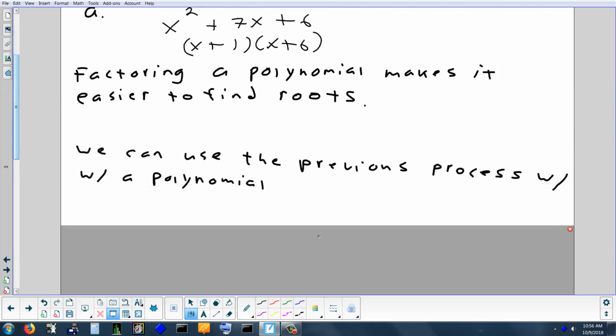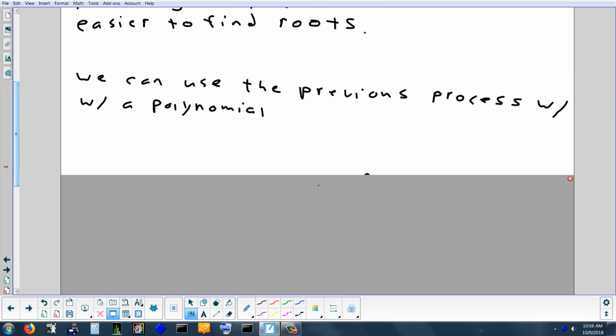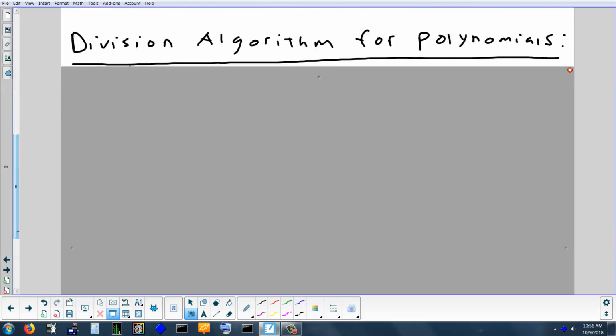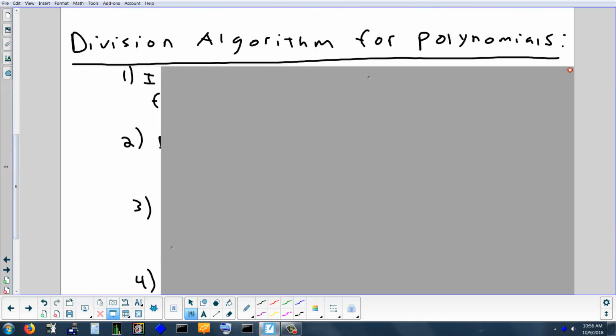So we're going to use the same process I just showed you with the 12 divided by 3, but now we're going to do it with polynomials. So what I'll do is I'll do a problem at the same time we're writing the steps out. There's 4 steps, so I would leave yourself enough room to write down 4 steps. Not super long steps, but you'll need a little bit of room.